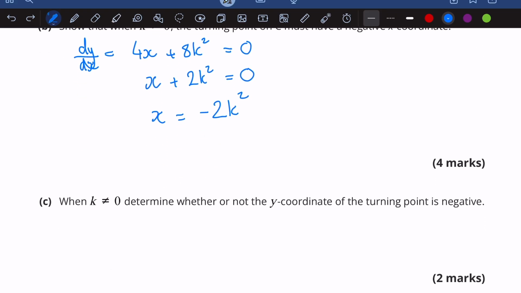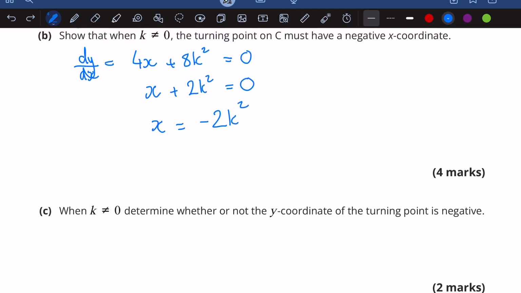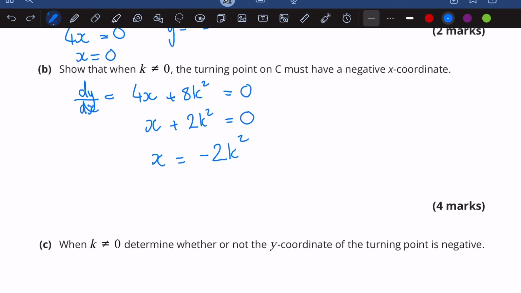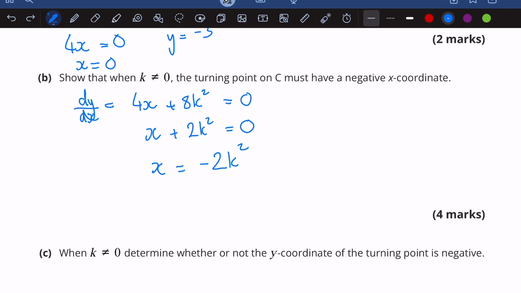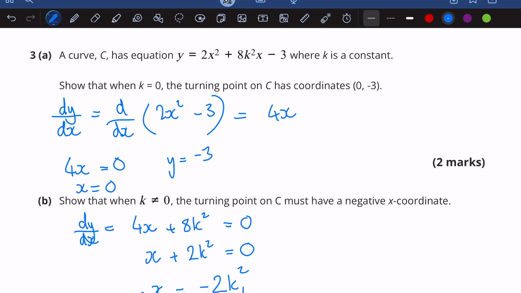Now when k does not equal 0, determine whether or not the y coordinate of the turning point is negative. This is more interesting. Since x becomes -2k squared, we can substitute that back into the original equation.